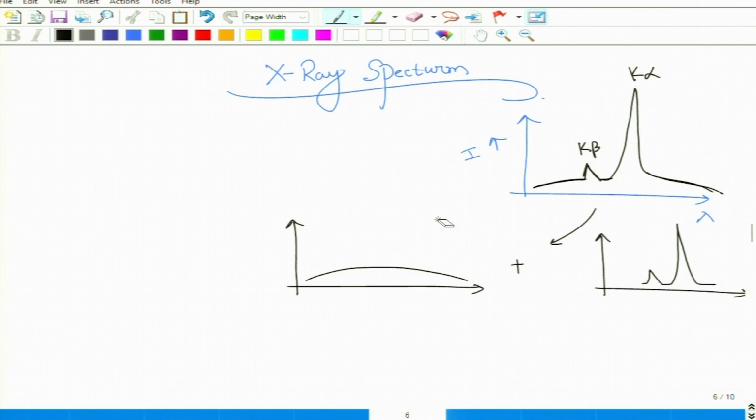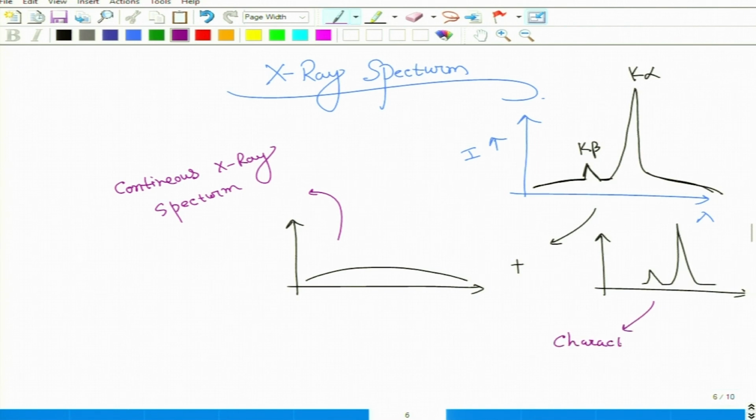This is very important. This part is called the continuous X-ray spectrum, and this is called the characteristic X-ray spectrum.